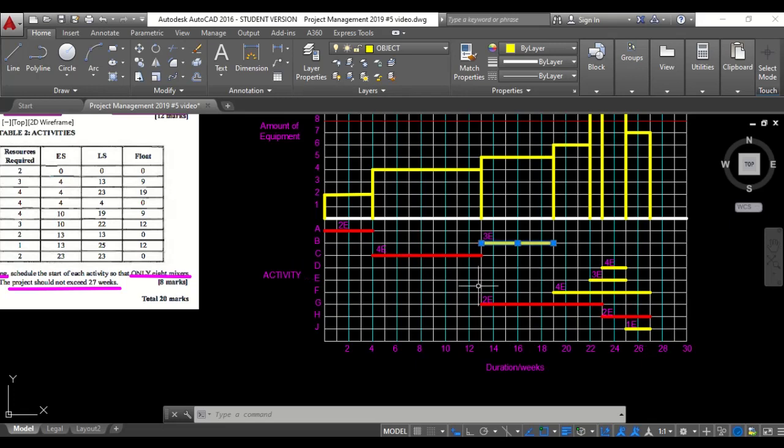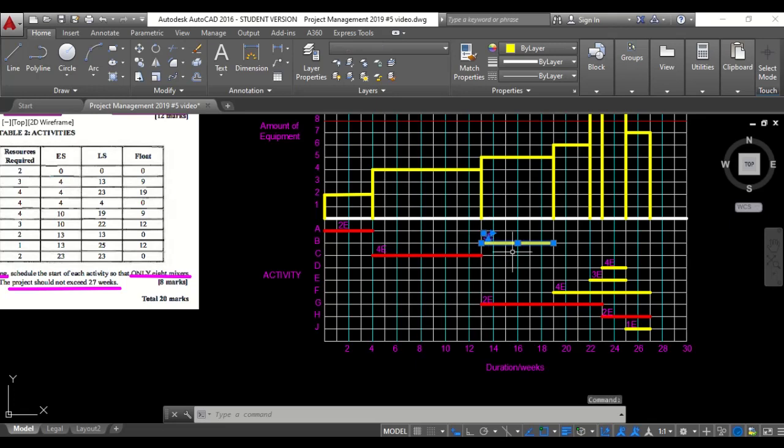So let's look at activity B. We started it at its latest start time, which is 13 weeks. Another key thing to bear in mind is that we must look at the predecessors, those activities that are predecessors of another. We wouldn't want to rearrange the diagram in such a way that our predecessors end up falling after activities they should really be coming before.